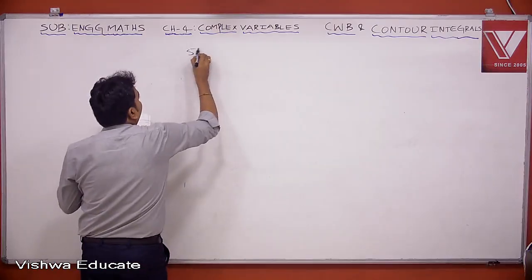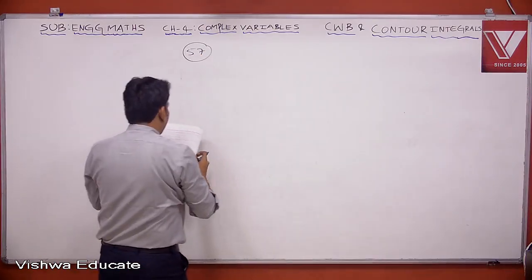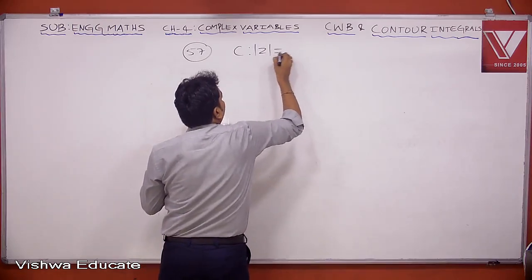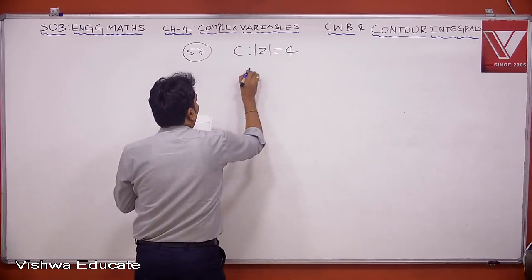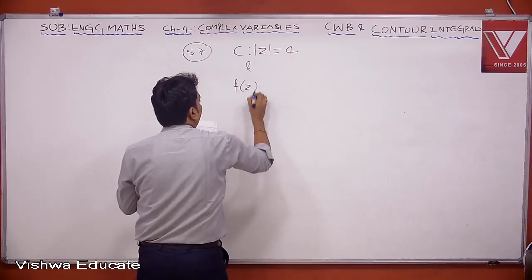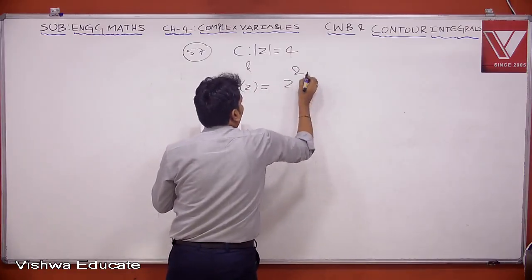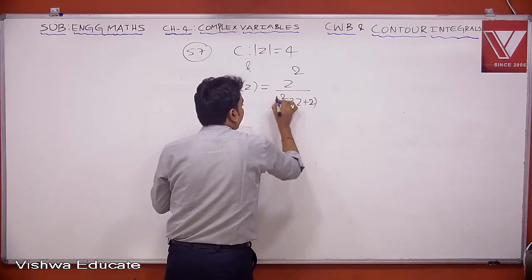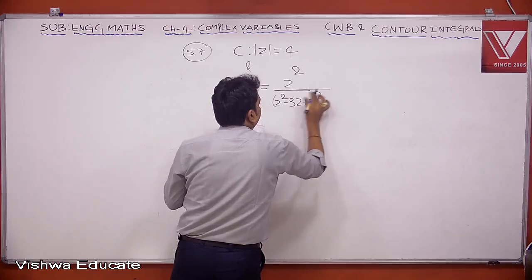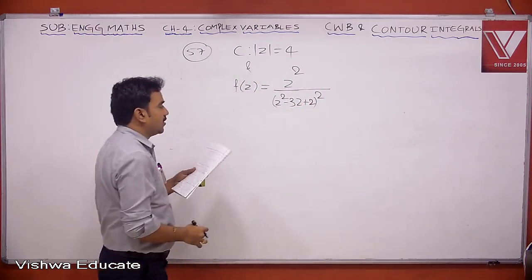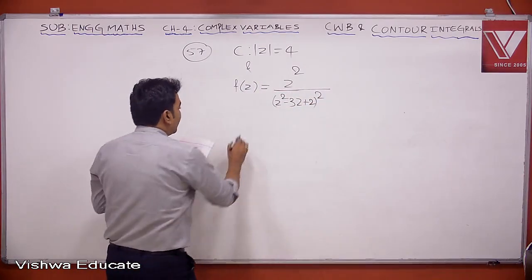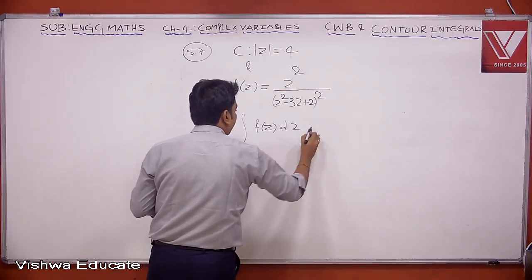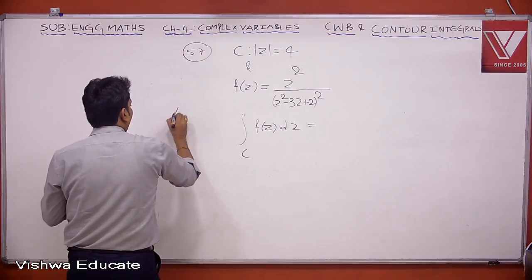57. If C is a circle, mod z equal to 4, and f of z equal to z square by (z square minus 3z plus 2) whole square, then the integral of f of z dz over C equals, options are given like this.